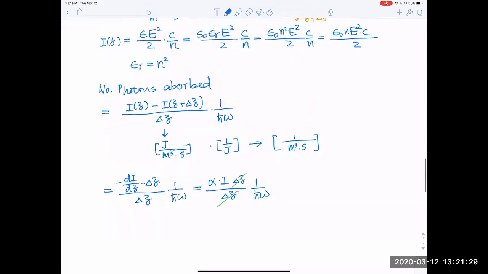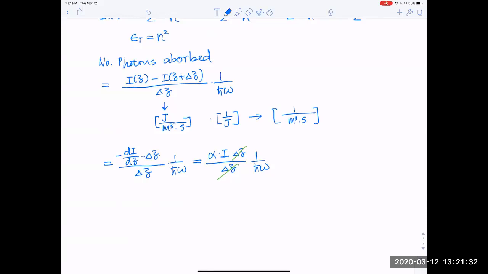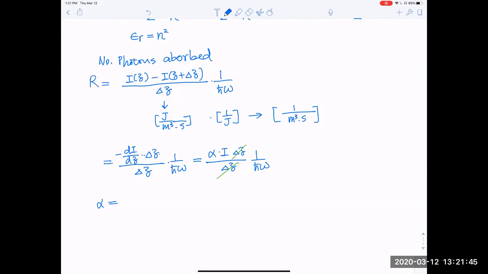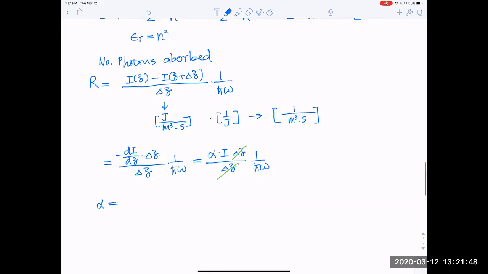Okay, and this we can rearrange. So alpha is basically equal to this expression here, which is R. This is the number of photons absorbed per unit volume. Okay, so this is R, basically R divided by I divided by h bar omega.